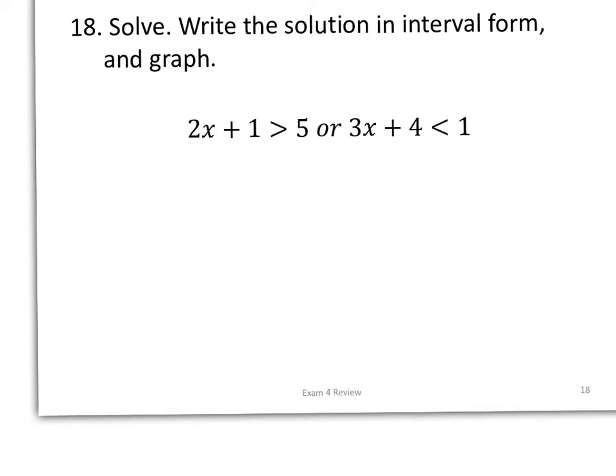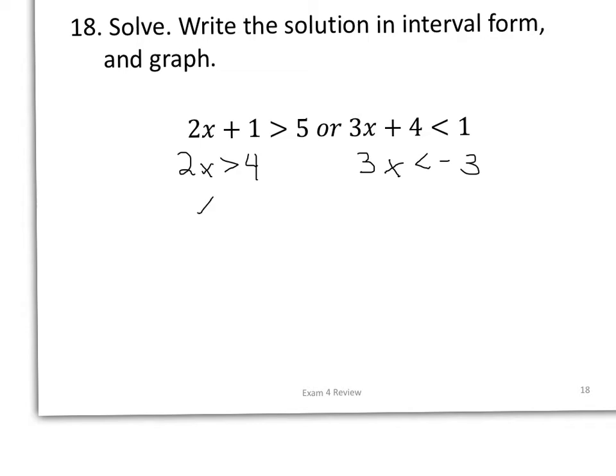Here we are to solve, write in interval form, and graph. So we have an OR that's going to include both conditions. 2x plus 1 is greater than 5, so 2x is greater than 4. We're subtracting 1 from both sides. Or 3x plus 4 is less than 1, so 3x is less than negative 3, subtracting 4 from both sides.